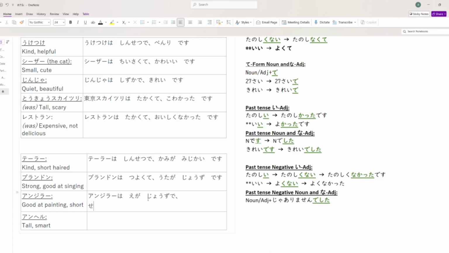So maybe let me take a moment to explain what ga is doing here. It identifies the subject. The way that is distinguished from the topic is, in this case, think of it like a drop down menu.